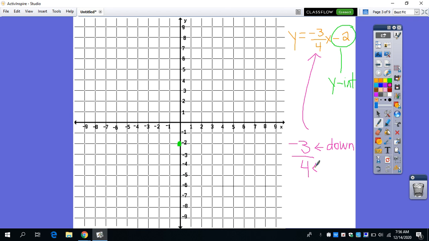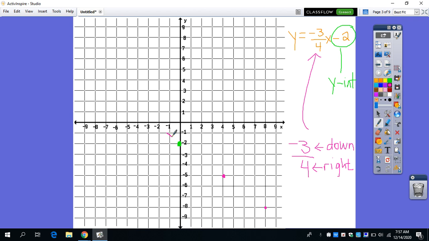And I'm still going to the right. Okay? So I'm going down 3, and I'm going to the right 4. 1, 2, 3, 4. Again, down 3, to the right 4. You're counting your points, okay?